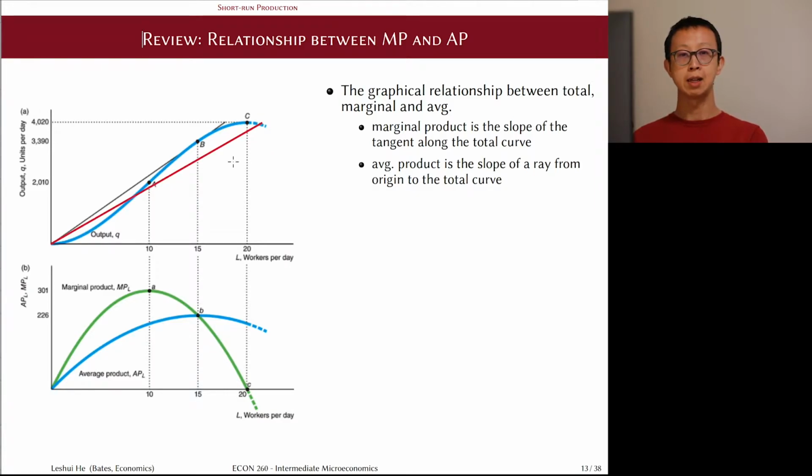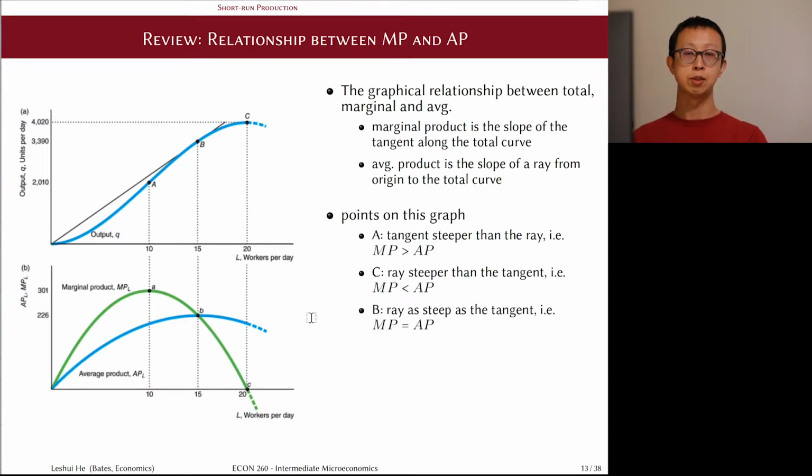And this is exactly what the blue curve on the lower panel indicates, which measures the average product of labor. It increases before reaching the point B, and then starts to decrease once labor goes beyond this point.